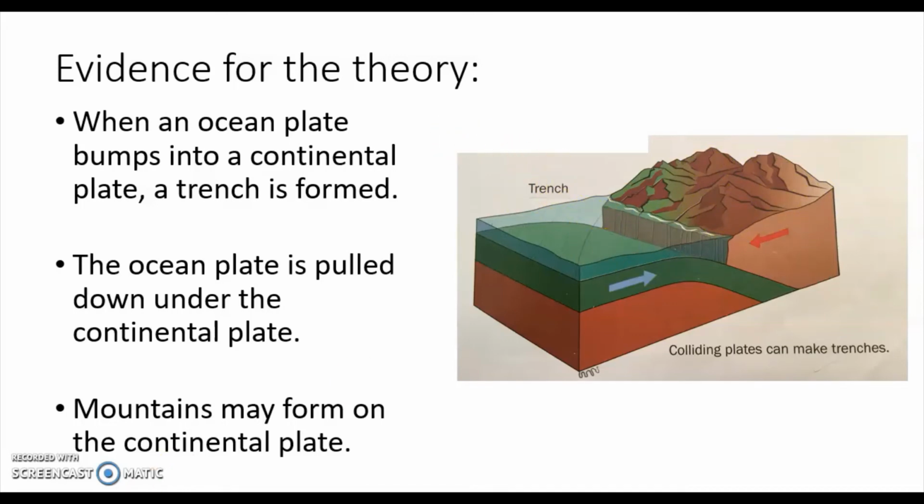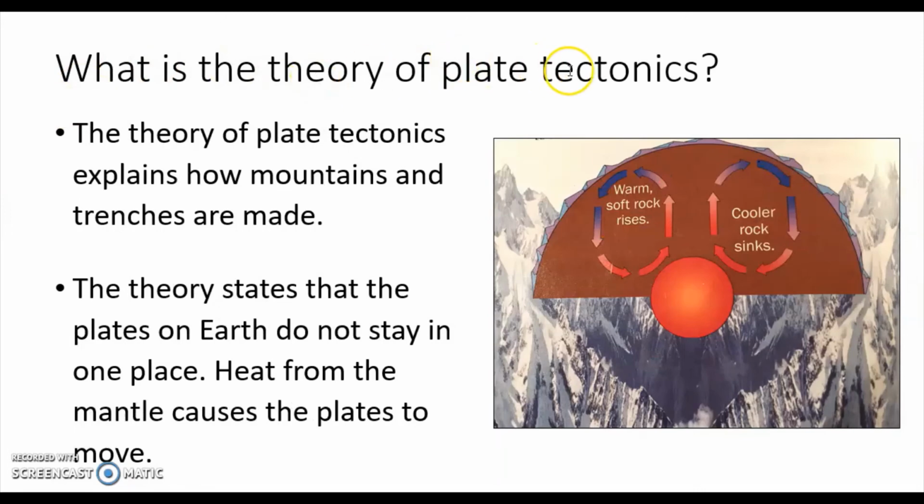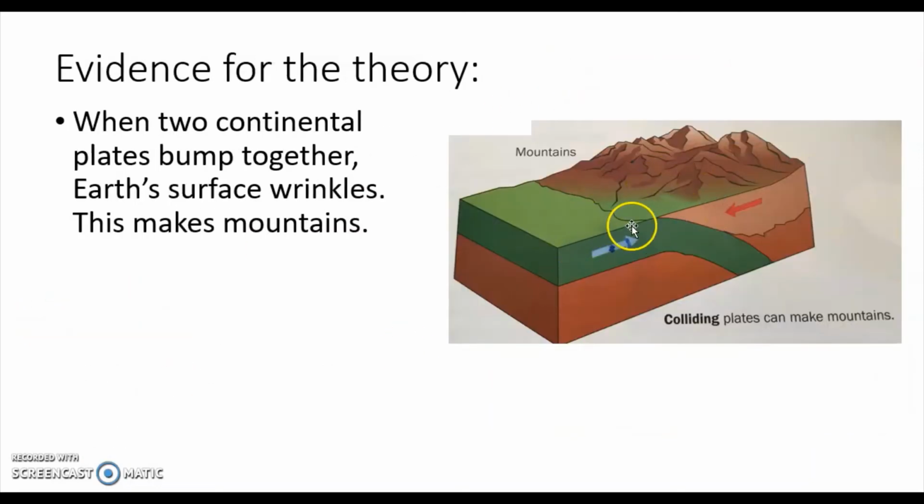Okay, so again, theory of plate tectonics tells us how mountains and trenches are formed. Mountains form when two continental plates hit each other. Bam, mountains, okay? And the YouTube video I posted, I didn't do it, it's like a cartoon.